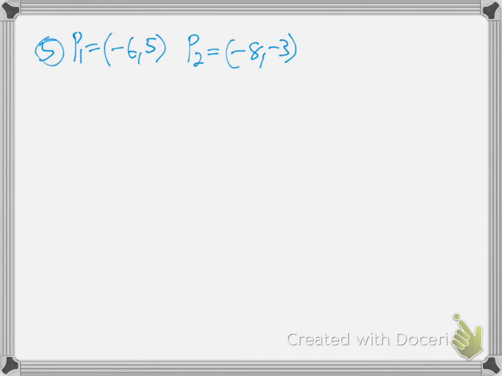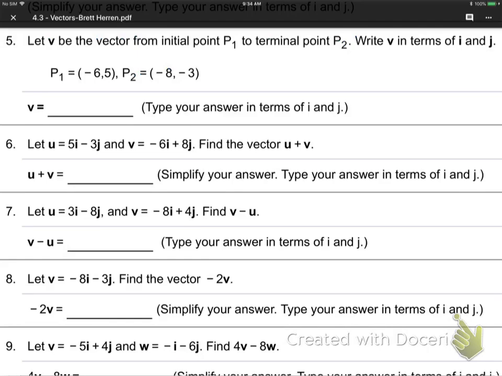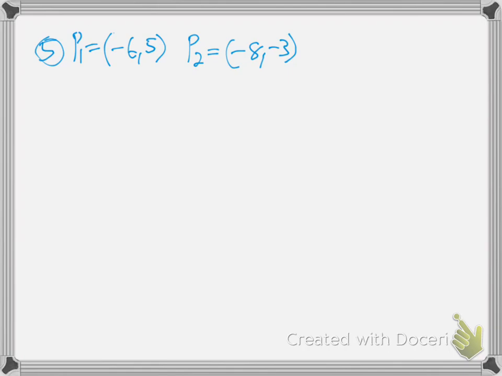And they want us to find vector V from P1 to P2. Okay, can you do that? Can you find vector V from P1 to P2? Same way we just did it. You don't have to draw a picture or anything.